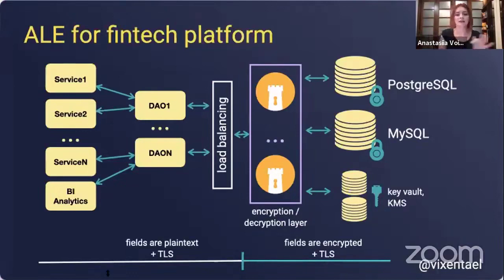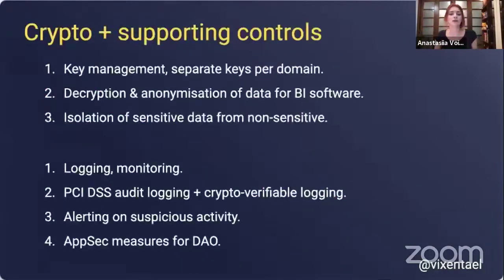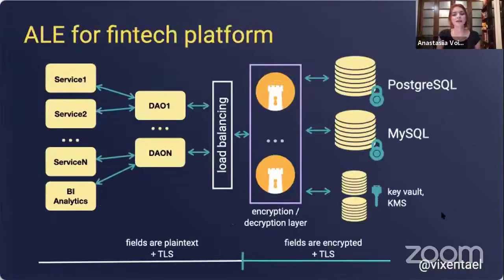The idea here is similar. In this zone on the left, data can be in plain text with TLS and all the things. On the right part of the zone, data is encrypted on a field level. Very easy to manage. And in the case of fintech, they also had a special use case with BI analytics, right?